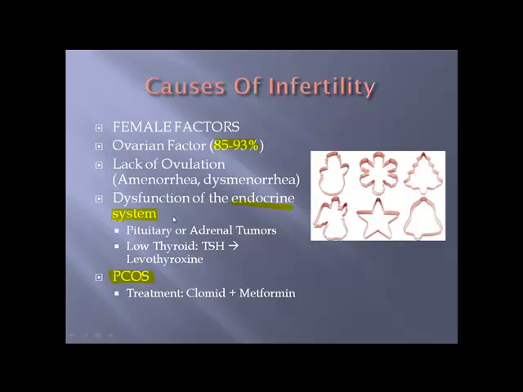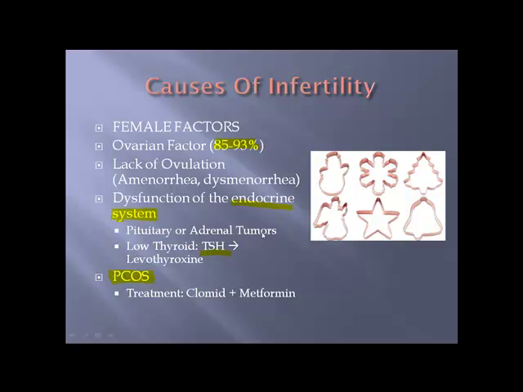Dysfunction of the endocrine system: the way they look at the endocrine system is basically this. They look at your TSH, which is a pituitary hormone, and if it's high, they give you levothyroxine, Synthroid. And then they rule out pituitary or adrenal tumors, like if you have super high cortisol or super high pituitary hormones, and then you'd be in a surgical situation.